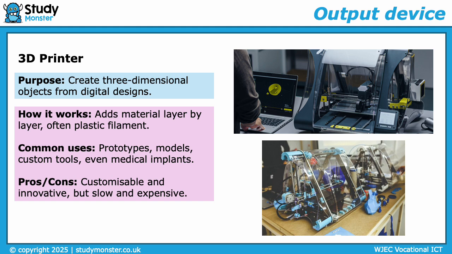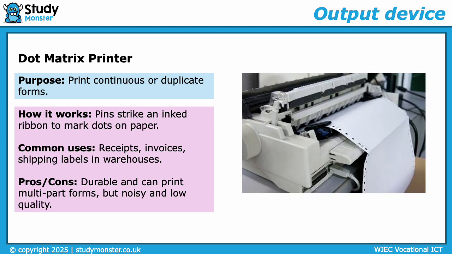Lots of new businesses that are selling on Etsy and these marketplaces will create little products using 3D printers, like phone cases, phone stands, hangers for hanging your pictures on the wall, all sorts of different stuff. But they're very, very slow and they're very, very expensive at the minute. It might be in years to come the price reduces, but at the minute they're very expensive.